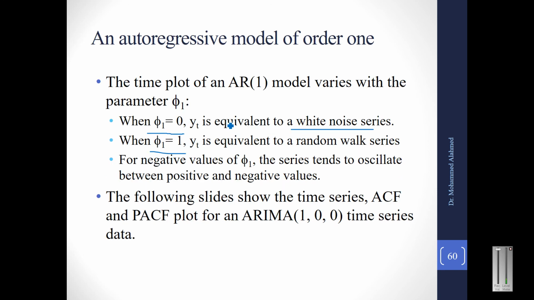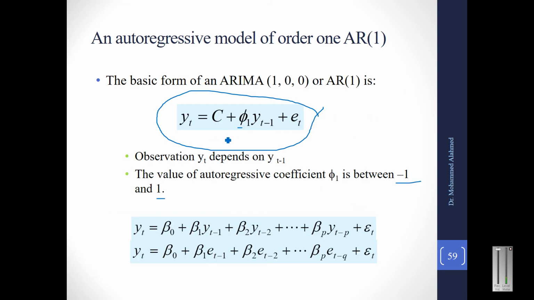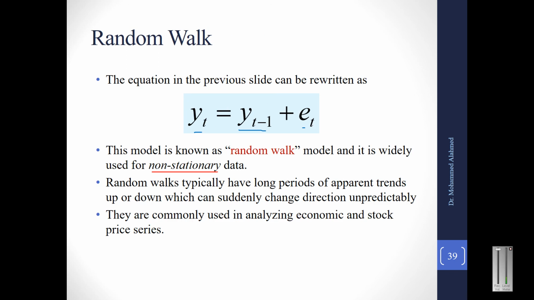So when psi1 is equal to 1, this becomes 1, so this becomes c + Yt-1 + et, right? Since c is a constant, we can combine c and et and write it as et, a new constant. And if you see, then these two become the same model.